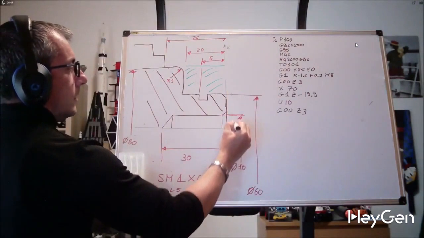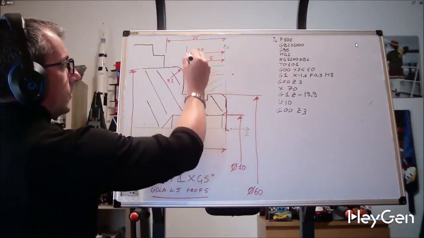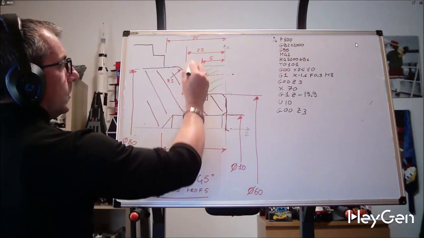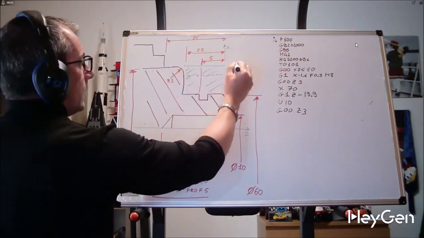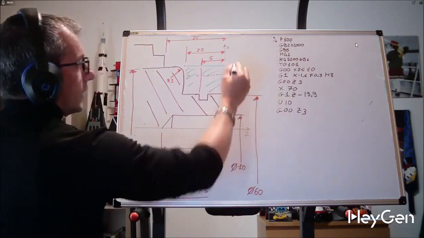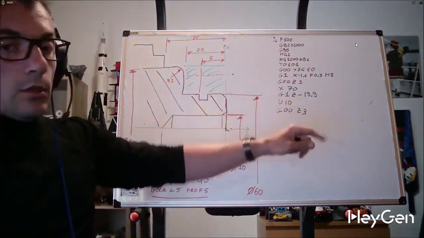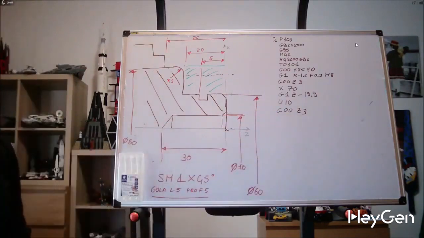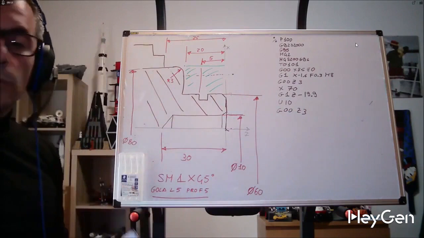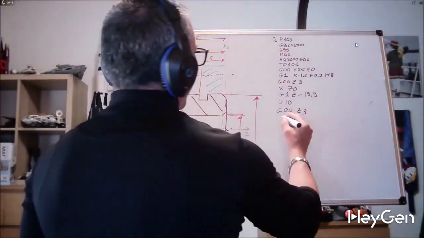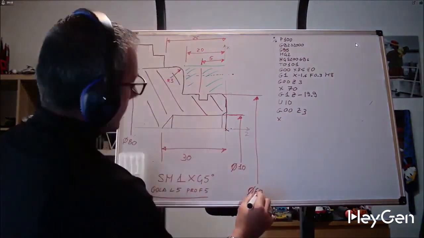At Z3, I moved to X70 quickly, went to 19.9, U10, returned to X80, and then G0, Z3. Always check if you need to write U10 or U5, because some machines are radial, regarding just the U. Perfect, Z3, X60.